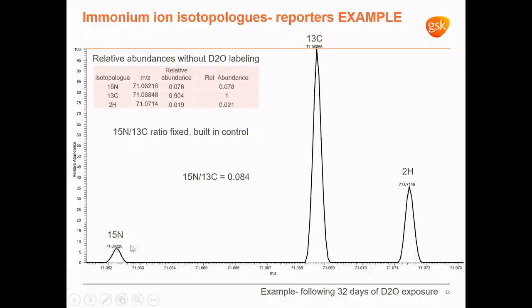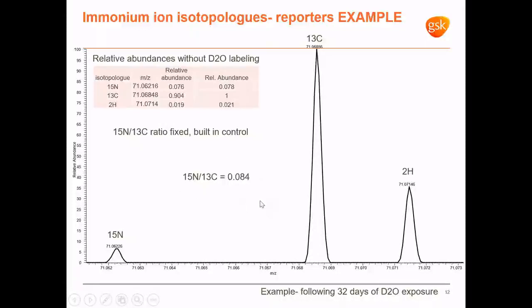30%. And importantly, when you make this measurement, there's a fixed ratio of the 15N to 13C. So this will never change as a function of deuterium oxide labeling, and it's ground truth, right? So when you take a sample, this should reflect how close you are to 8% for a proline ammonium ion isotopolog. It tells you how well your instrumentation is doing.